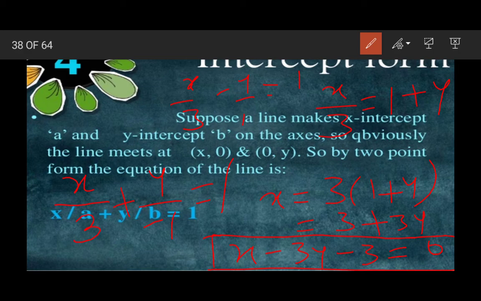Okay, clear? When x-intercept a is given and b, which means y-intercept, is given, then we can find the equation of a line by using the formula x upon a plus y upon b equal to 1.